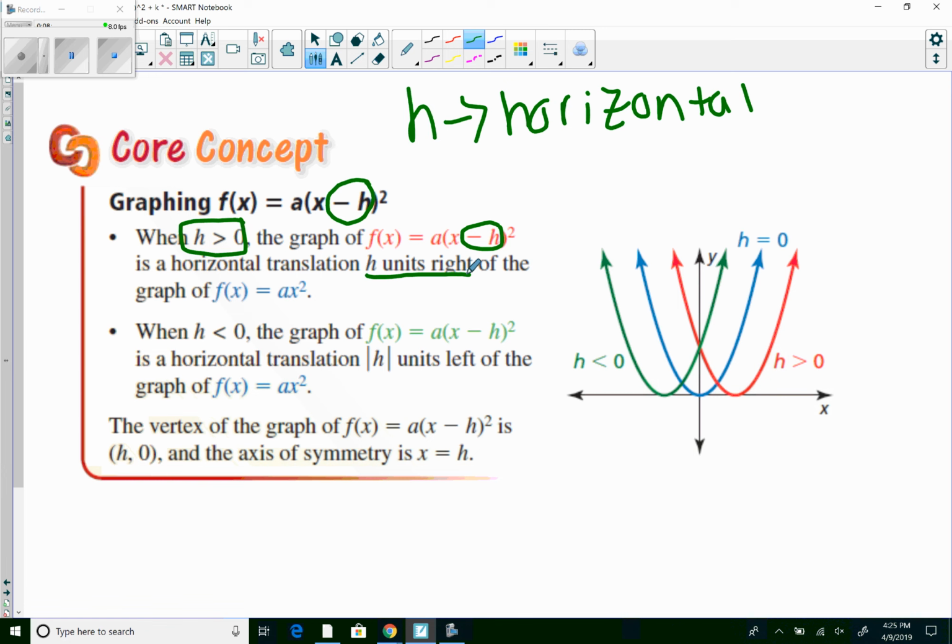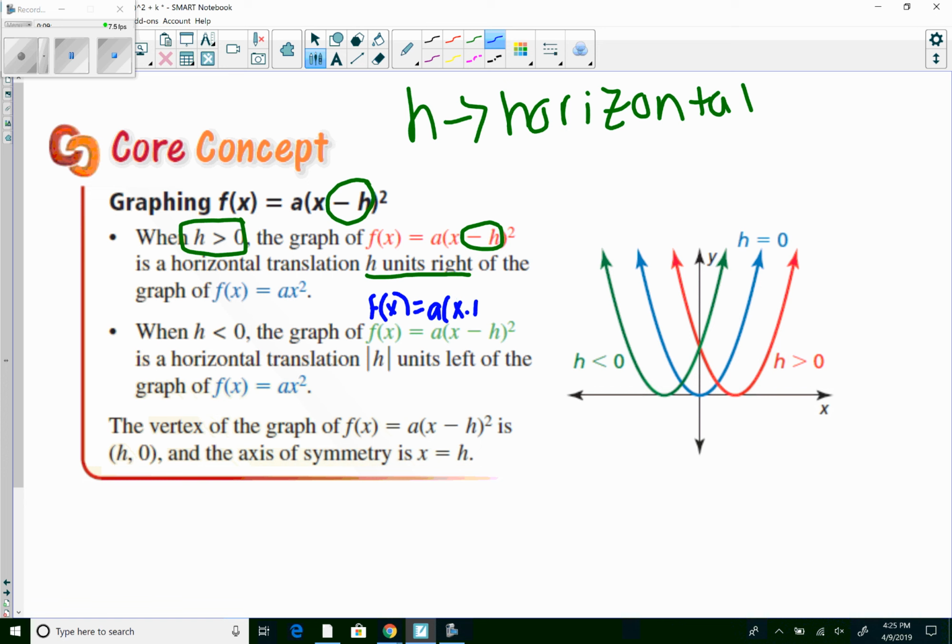Oh, I wrote in the wrong color. I should have written in red. Because now all of a sudden, this is our new graph of that function. Okay, so if H is negative, as backward as it sounds, just because that's the way the formula works out, our graph is moving to the right. Conversely, I'm just going to rewrite this because to me, that's kind of tricky.